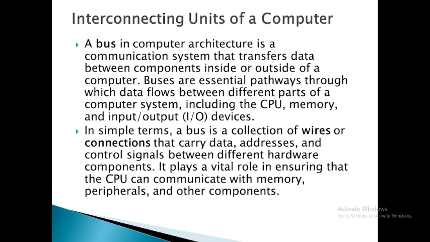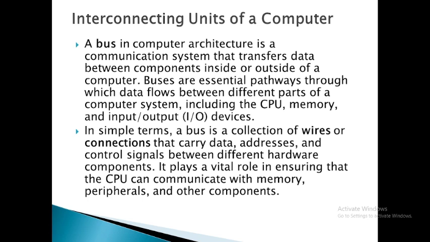Now let's look at the interconnecting units of a computer system. We have something known as a bus. A bus in a computer architecture is a communication system that helps in the transfer of data between components inside or outside of a computer system.